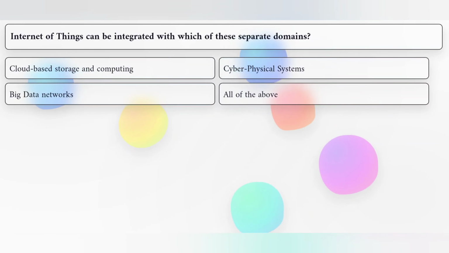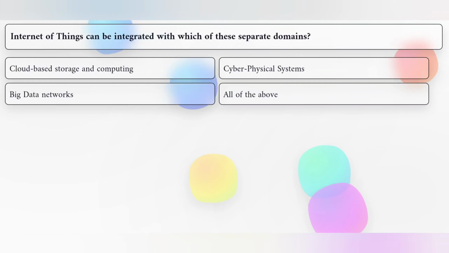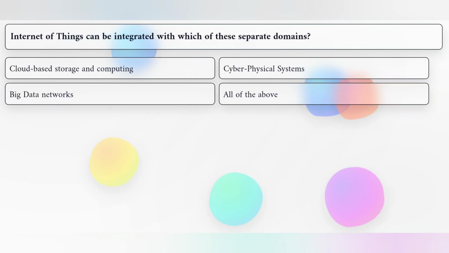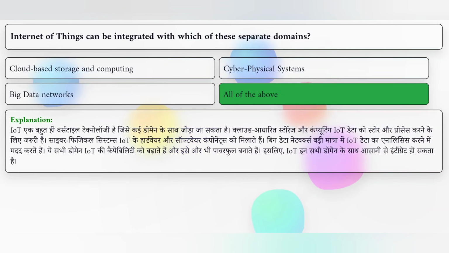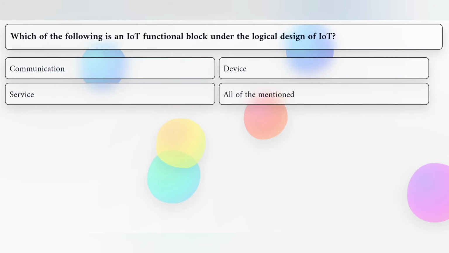Internet of Things can be integrated with which of these separate domains? Cloud-based storage and computing, cyber-physical systems, big data networks, all of the above. Which of the following is an IoT functional block under the logical design of IoT?